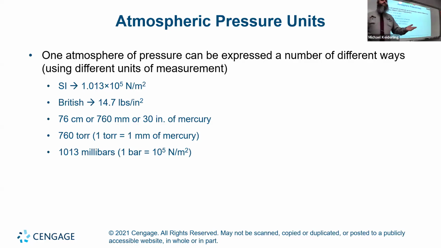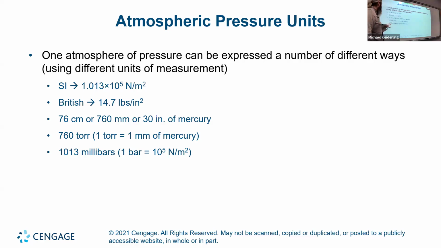And lastly, there are bars. A bar is a nice convenient unit that is 1 times 10 to the 5th pascals, which is a nice round number that is very close to 1 atmosphere. I think it may actually be something out of the CGS system. I'm not sure.